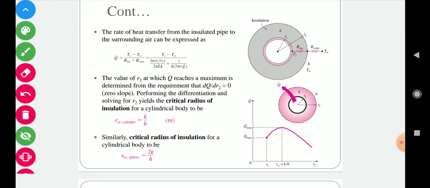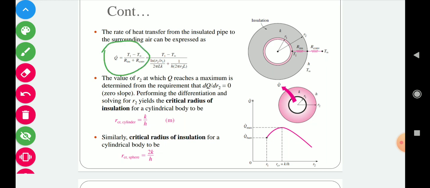So if we apply energy balance, then Q will be equal to total temperature difference divided by total resistance. Total temperature difference is T1 minus T infinity, divided by total resistance. Total resistance is the resistance offered by the insulation plus the convective resistance in the ambient environment.